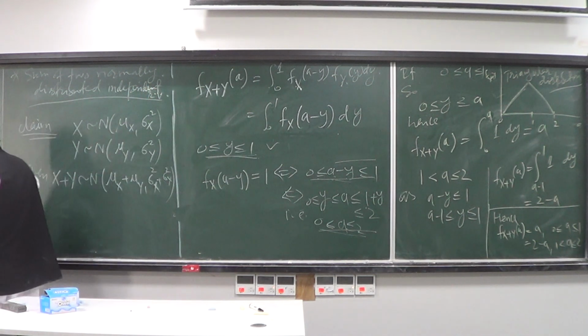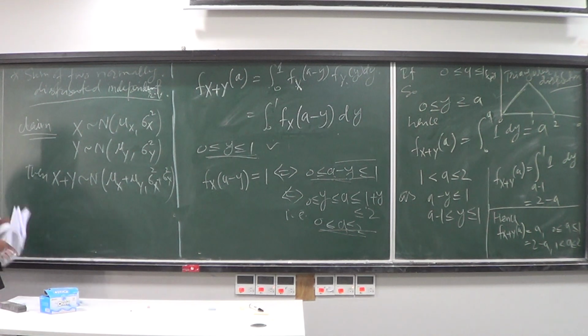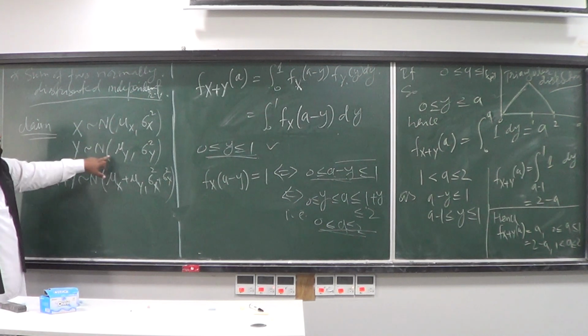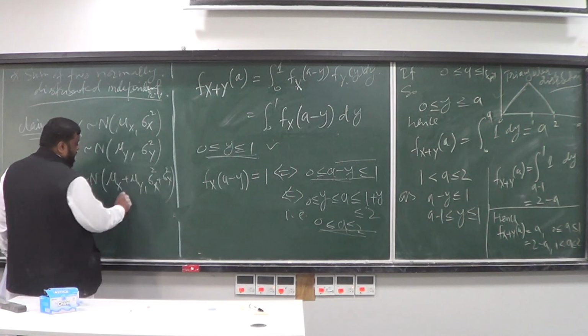Independent random variables. We have to encounter this independence a lot actually. So if x is normally distributed with these parameters and y is normally distributed with these parameters, then x plus y is normally distributed with these parameters. This is what I would like to prove.